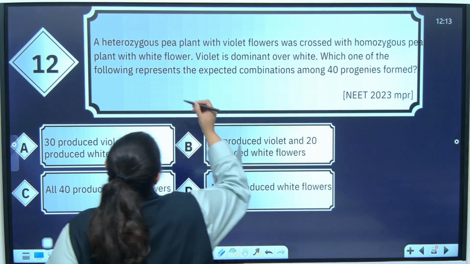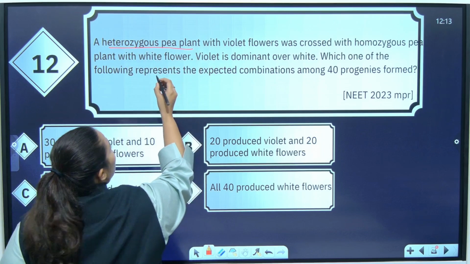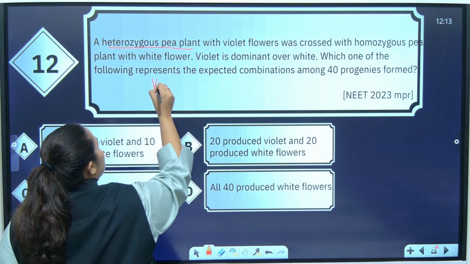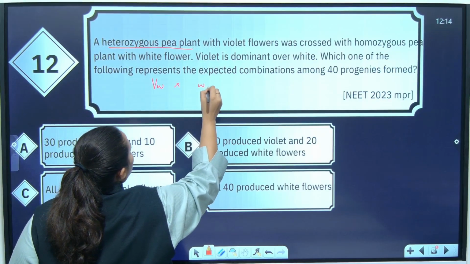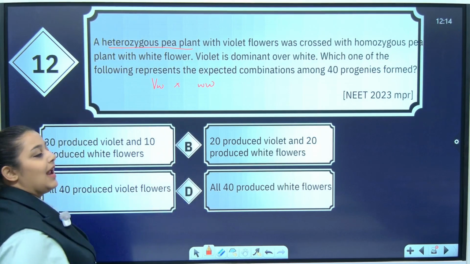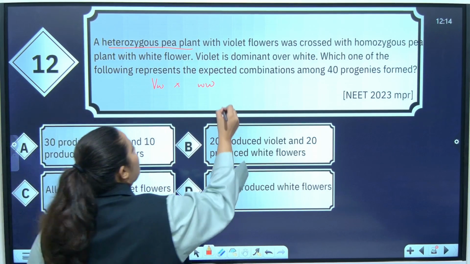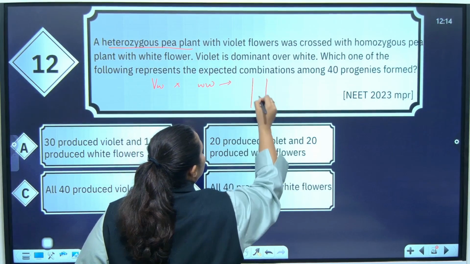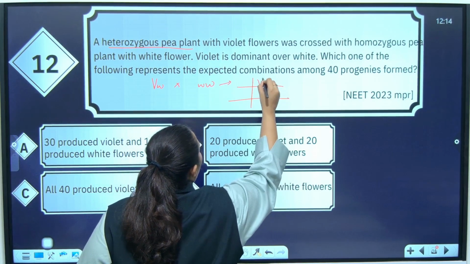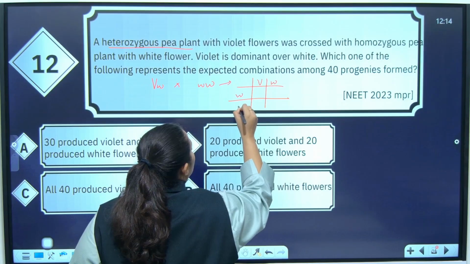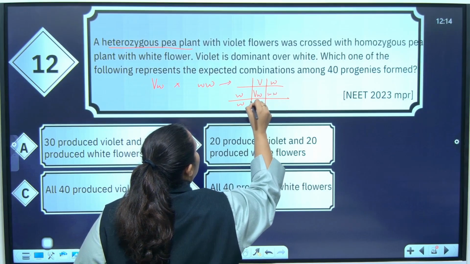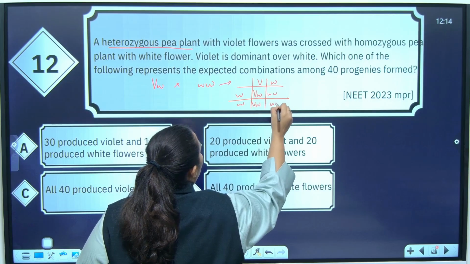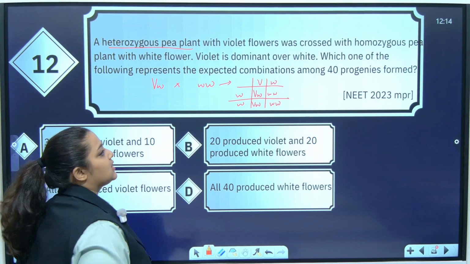Let's see. Firstly, heterozygous pea plant looks something like this. Capital V, small w, crossed with two small w's, that is violet and white. Let's quickly make a Punnett square out of this. Capital V, small w, capital V, small w, and we have small ones here.